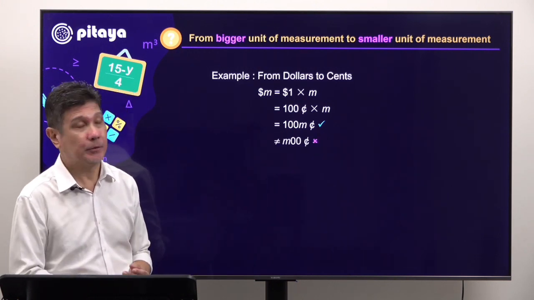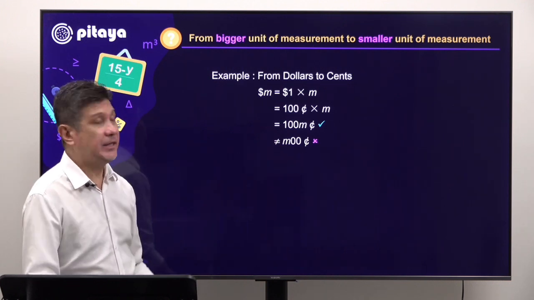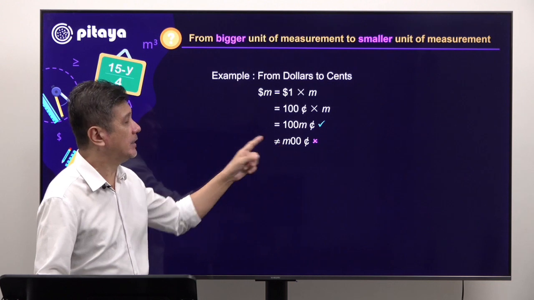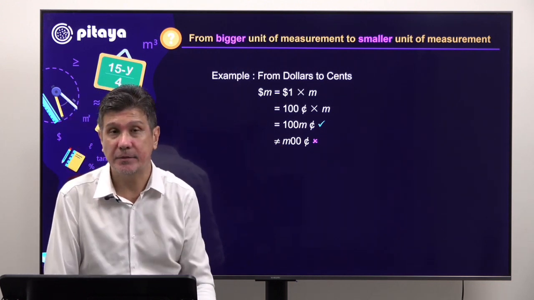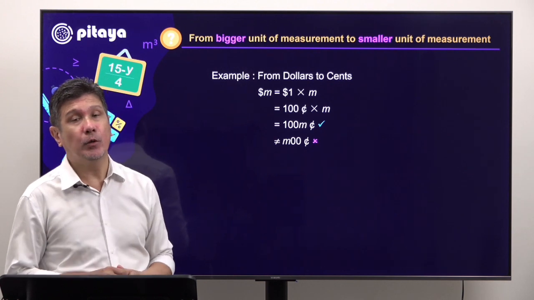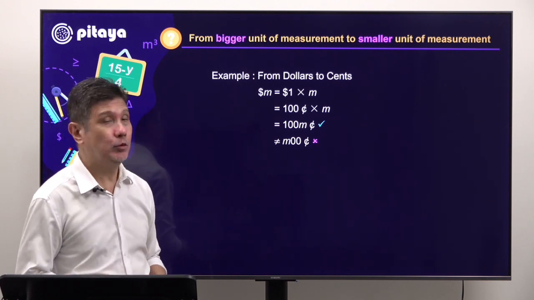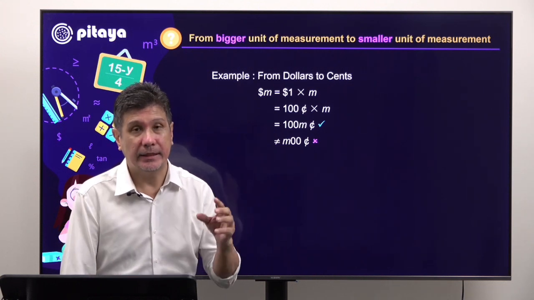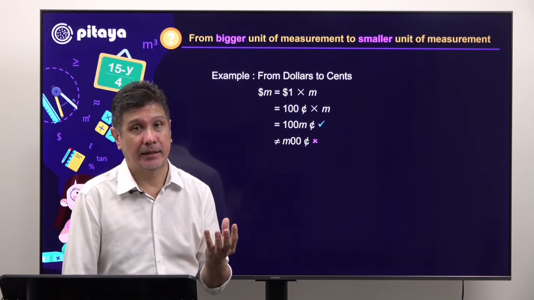Now, some people may think, oh, there's a 1 there, so I want to replace the 1 by putting the M in there, so it's M00. Now, you must know that the only time you do not write the 1 and only write the variable is when it is 1.